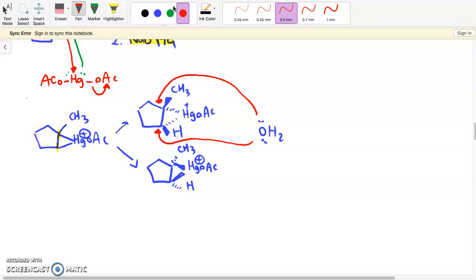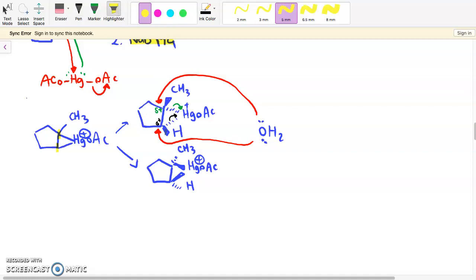If it attacks the top carbon, then we're going to break this bond, and as this bond is being broken, there are some moments in the reaction where we're going to generate some partial positive charge here. If we attack the bottom carbon, we're going to break this bond, and again there's generation of partial positive charge here.